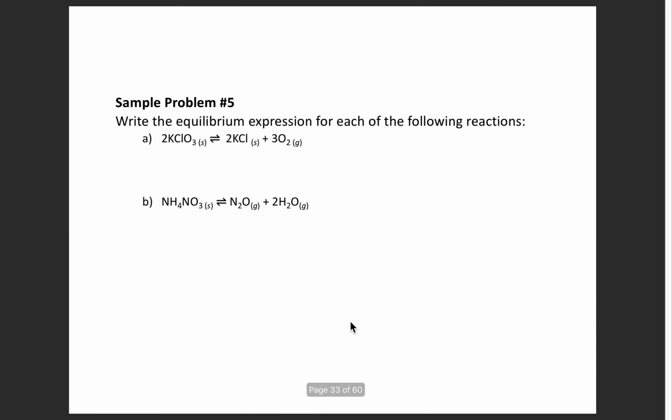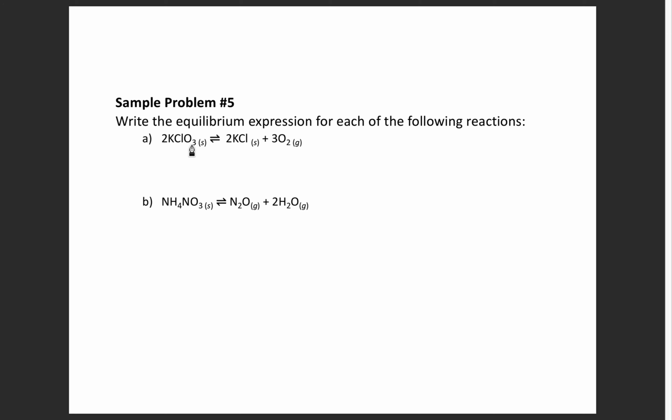So let's take a look at sample problem 5. Write the equilibrium expression for each of the following. Let's take a look at both of these. Again, you can pause the video if you think you can set this up. For those of you who need a little more guidance, you're going to set it up the same way we did before, products over the reactants, with the coefficients becoming the exponents for each.